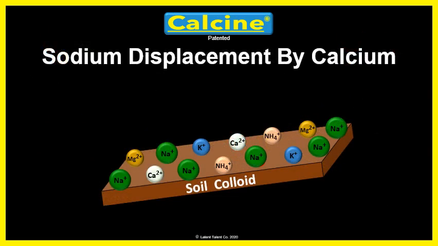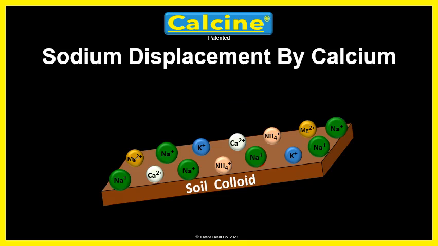Soils have a limited capacity to exchange cations. Estimated sodium percentage, or ESP, measures the amount of this capacity occupied by sodium. An ESP greater than 15% is considered to be a sodic or problem soil. This image depicts a soil with excessive sodium levels, which must be lowered to increase its productivity.